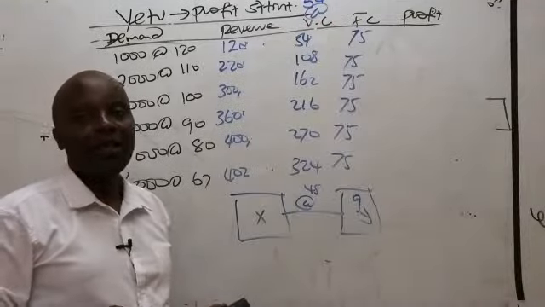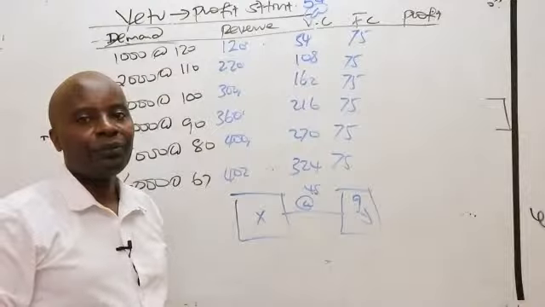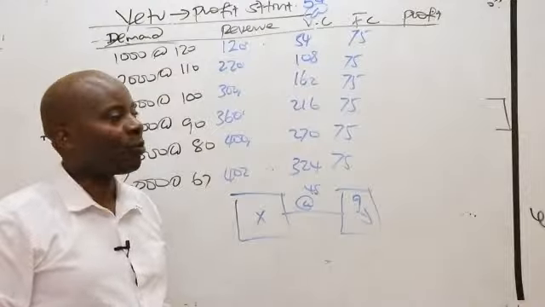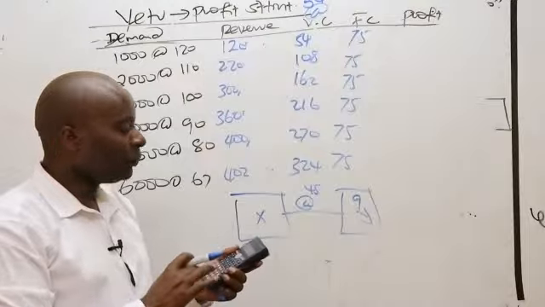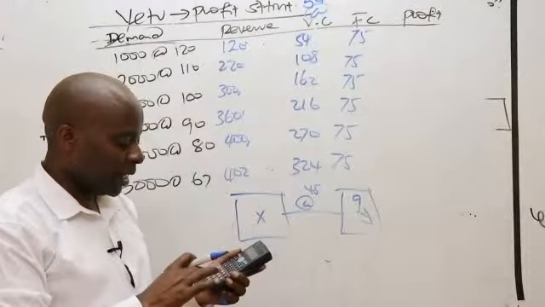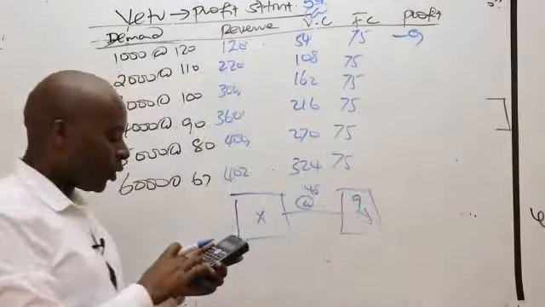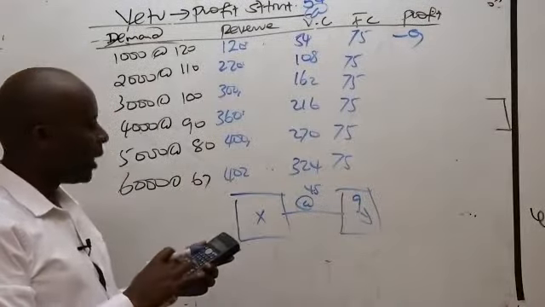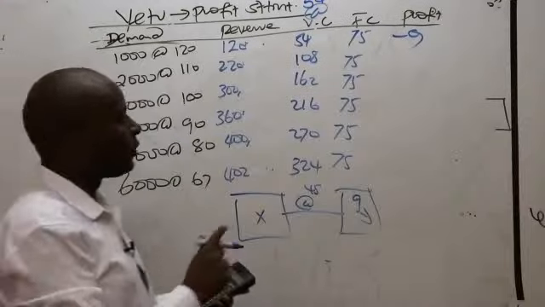And then now give me my column of profit. So profit, what are we doing? We are taking the revenue, like 120 here, minus 54, minus 75, which gives us -9. We go to the second one, 220, minus 108, minus 75, which gives me 37.